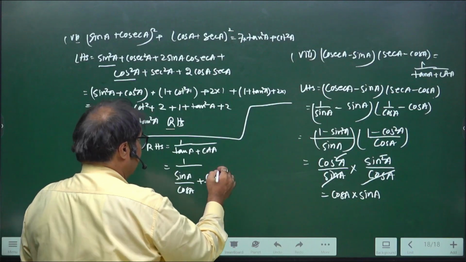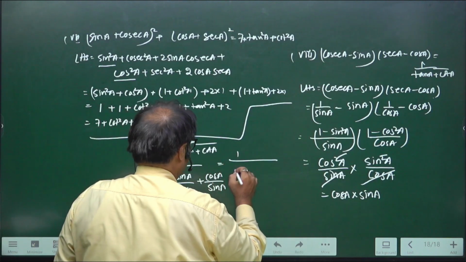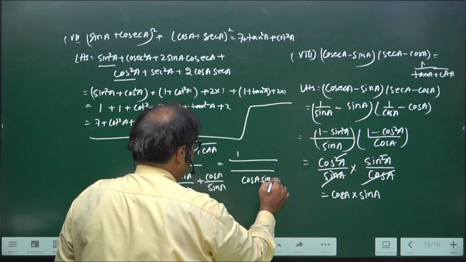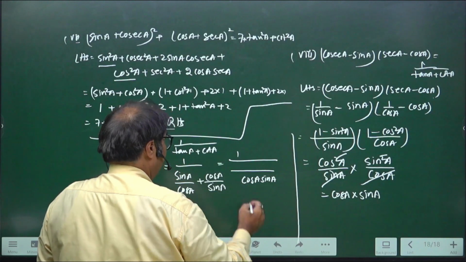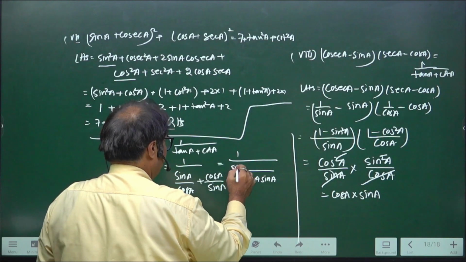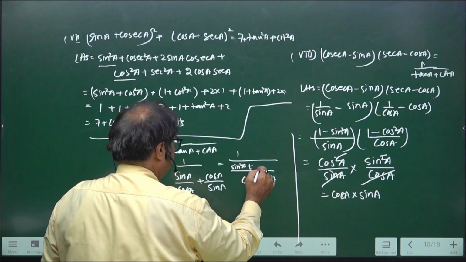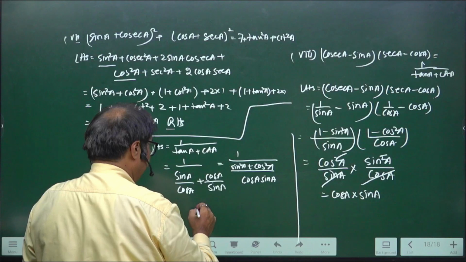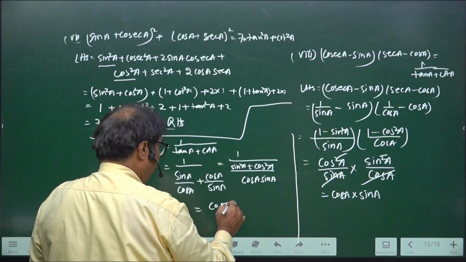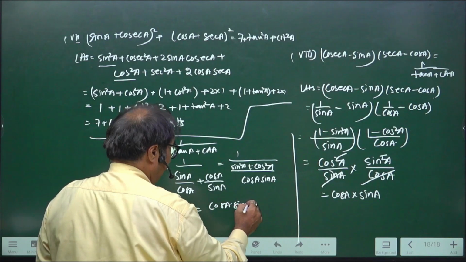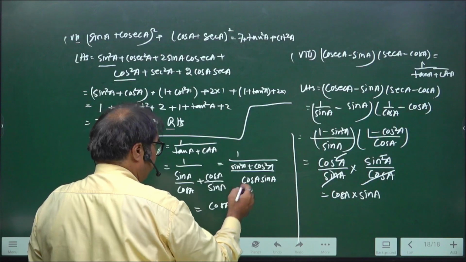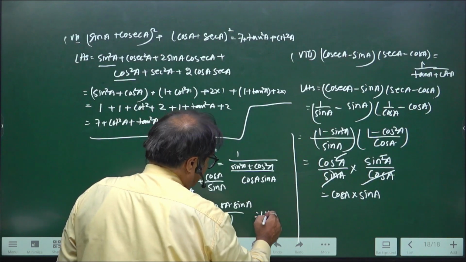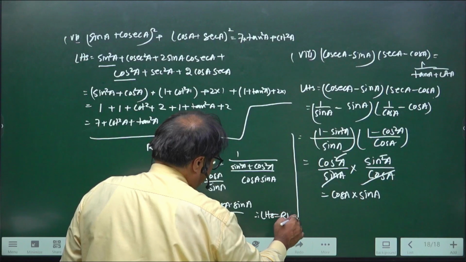Now take the LCM. The LCM will be cos A into sin A, right? And so it will be sin² A plus cos² A. So this will go in the numerator. So cos A into sin A, and sin² A plus cos² A is equal to 1. So therefore LHS is equal to RHS.